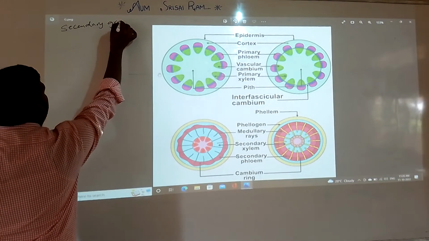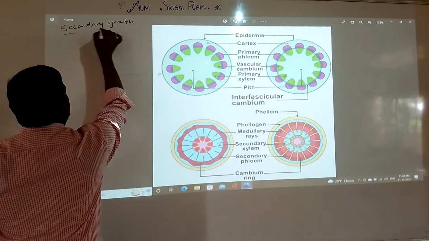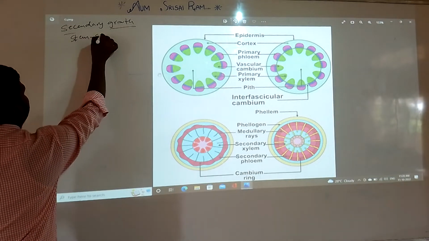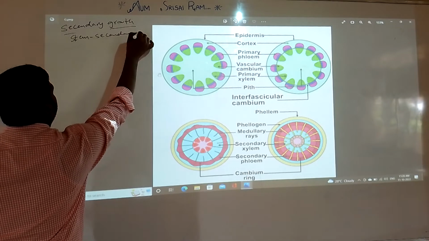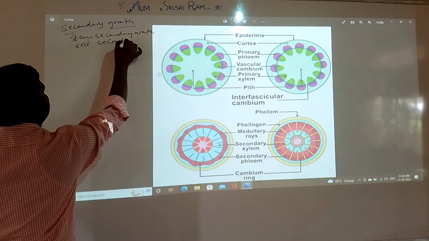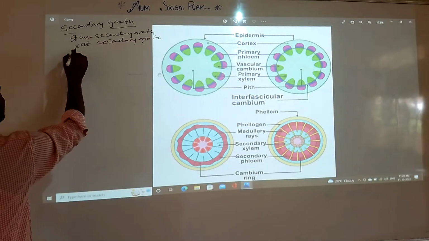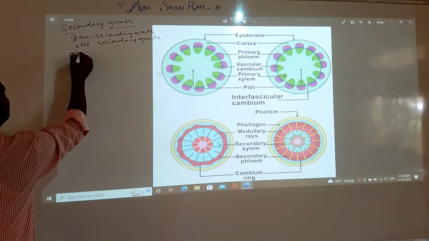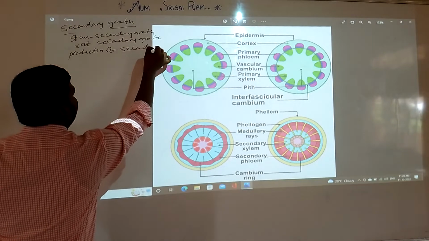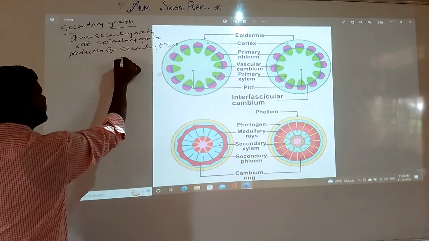Secondary growth is our topic. In the secondary growth of stem and root, these both are responsible for the production of secondary tissues. What are the secondary tissues?